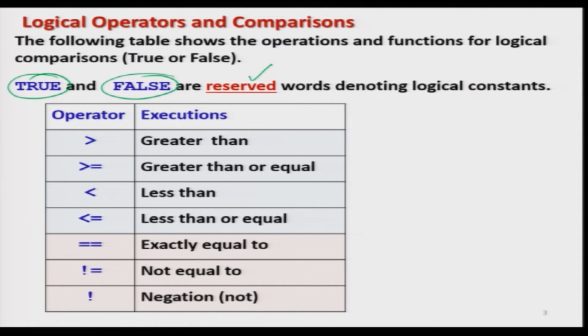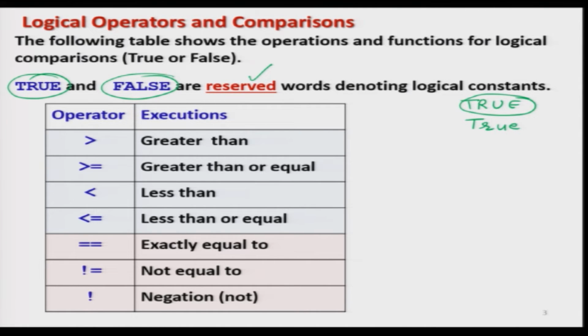Definitely remember one thing: if you write capital T with R, U and E in small letters, or any such combination, that is not the logical operator. Only the capital-letter TRUE and capital-letter FALSE are the reserved words. So, they have to be used only as logical operators. They cannot be assigned to any other variable.